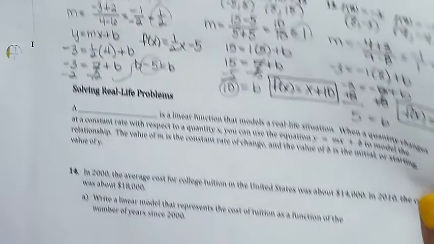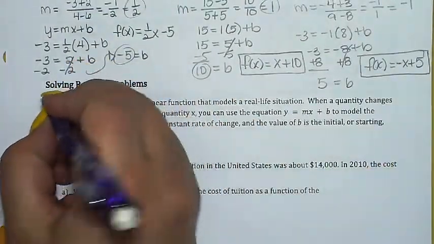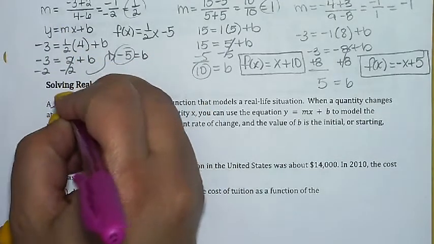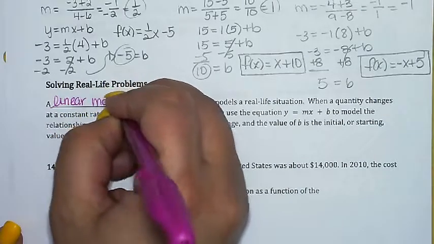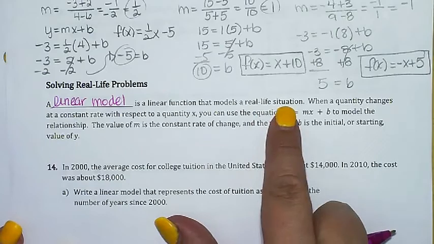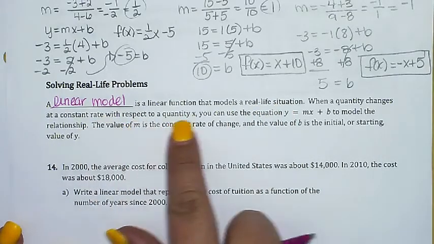Okay. Let's talk about writing linear models. So a linear model is a linear function that models a real life situation. So when a quantity changes at a constant rate with respect to the quantity x, right?